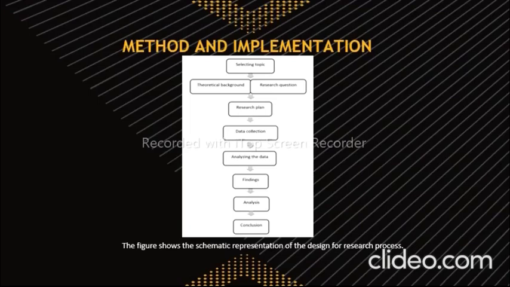The process is systematically done with reference to Williamson 2002. So we can see the format shows the schematic representation of the design for a research process: selecting the topic, theoretical background, research questions, research plan, data collection, analyzing the data, finding analysis and conclusions.